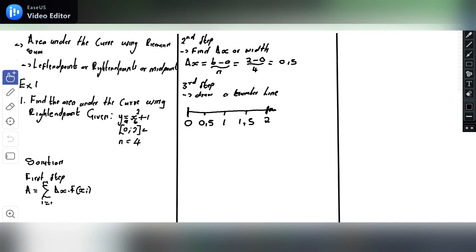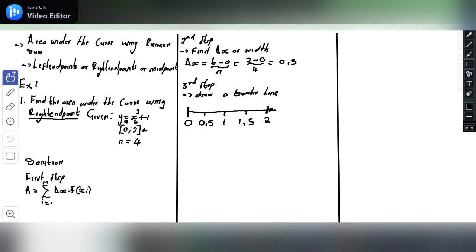So now, after writing out the number line, we are going to write down those values. And before we can write down those values, that's where we check our question. Our question said find the area under the curve using the right endpoint, right?